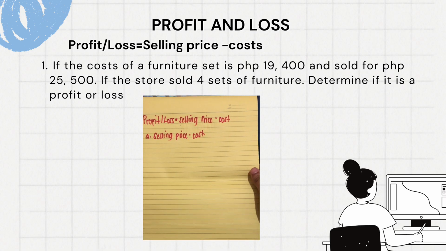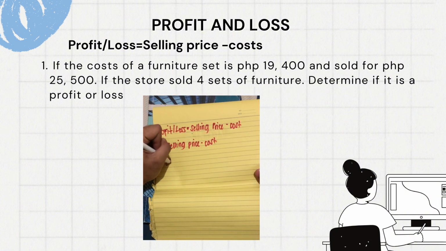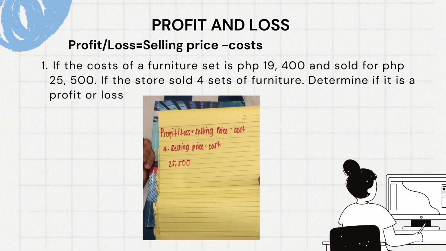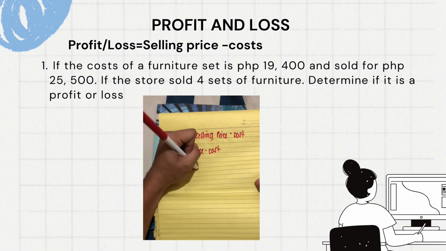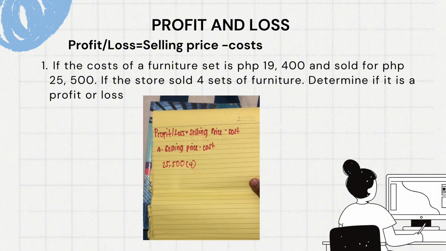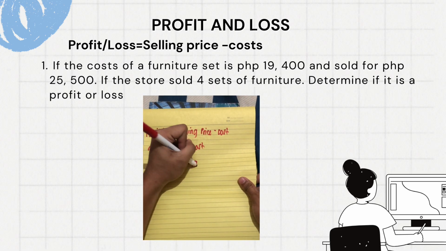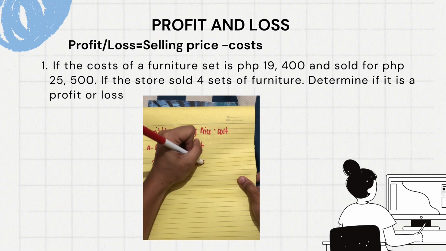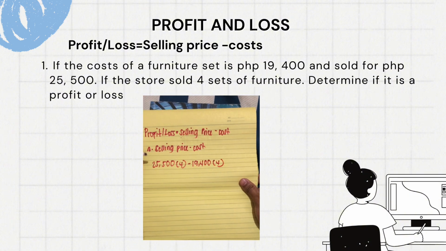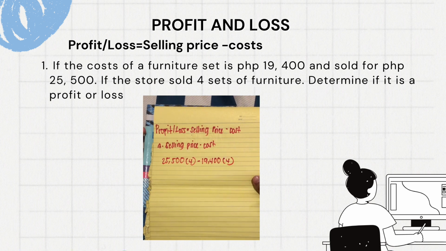So our selling price is 25,500 multiplied by 4, because 4 furniture sets were sold, minus 19,400 multiplied by 4 again.